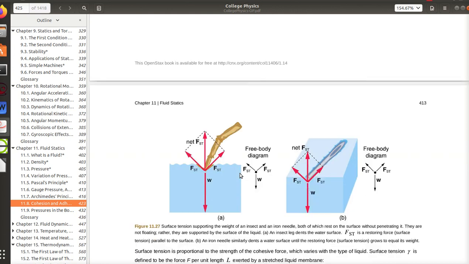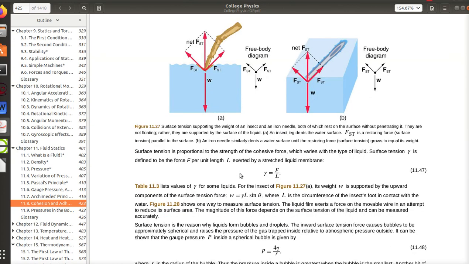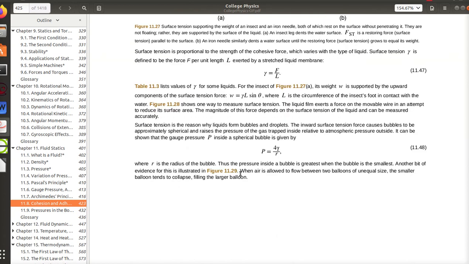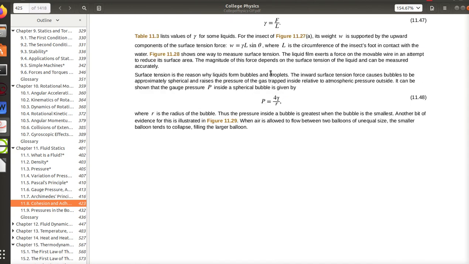And I think they're going to show that. Also explains how insects are able to walk on water because they're light enough, and there's enough tension on the water to hold up their light weight, whereas there's not enough tension to hold us up.